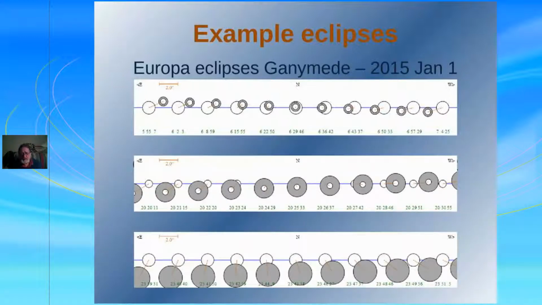That tells me that Ganymede and Europa are on different sides of Jupiter. And the bottom one is Callisto eclipsing Io, and with that eclipse there is no umbral region, it's purely a penumbral shadow. Next slide.